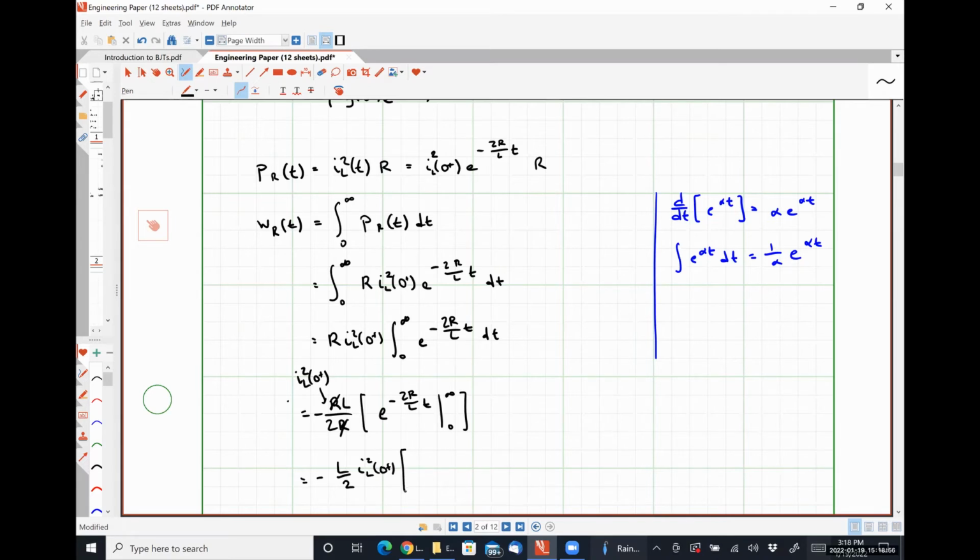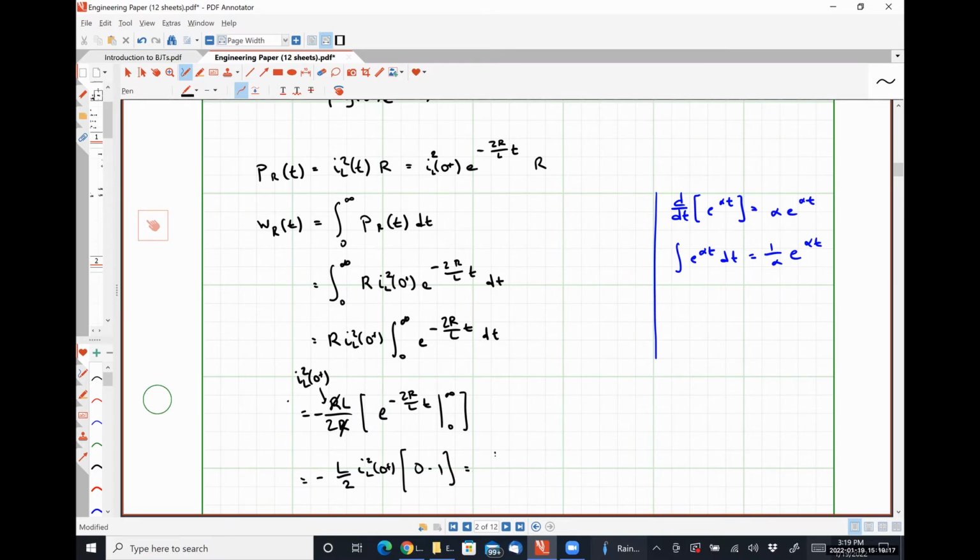So what's e to the negative infinity? 0, right? Because e to the negative infinity is the same as 1 over e to the infinity, or 1 over infinity. What's e to the 0 again? 1, so that's minus 1.